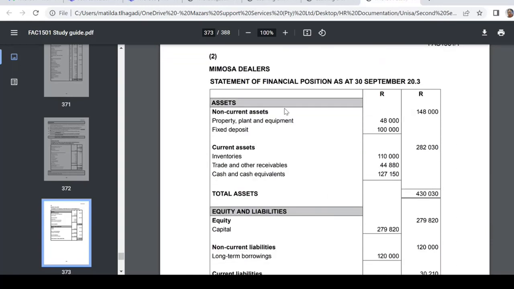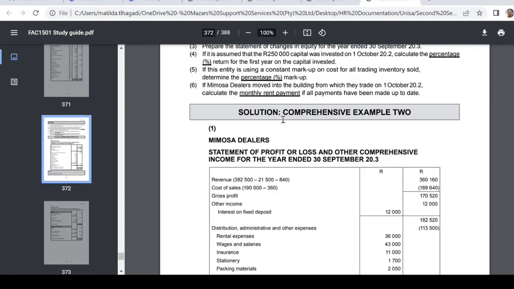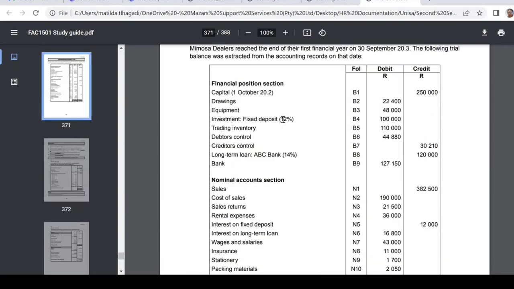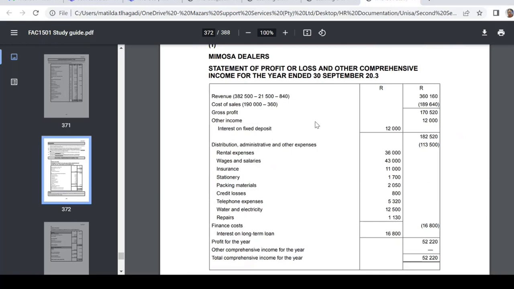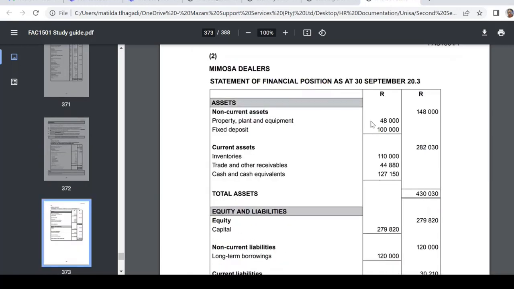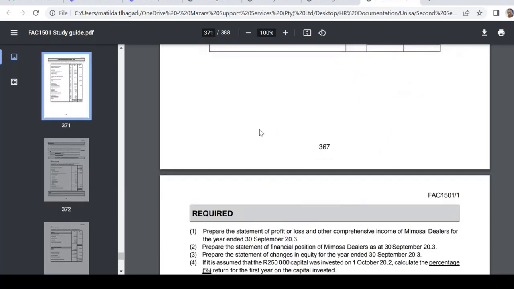So now let's look at the statement of financial position. So property plant is 48,000. Let's look at the trial balance. The equipment for it. So there's only equipment, right? Yes. So it is 48,000 because there's only equipment, and fixed deposit.